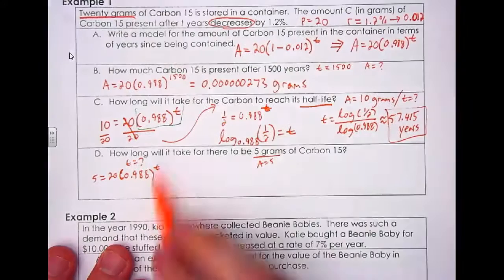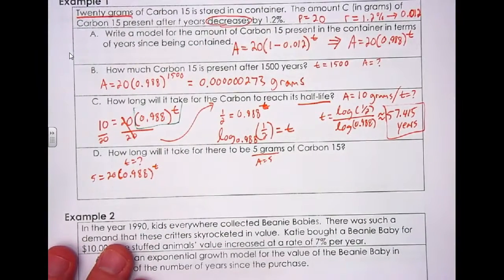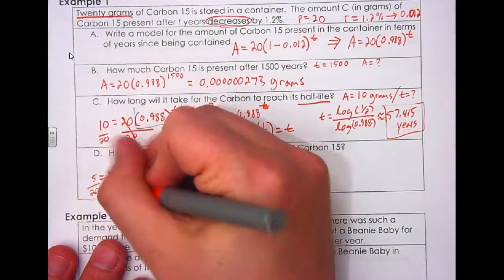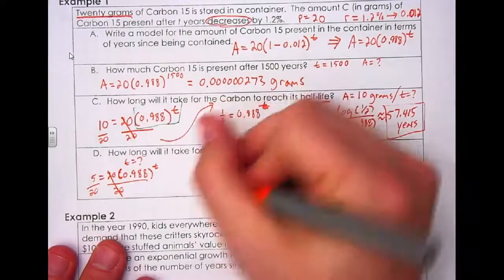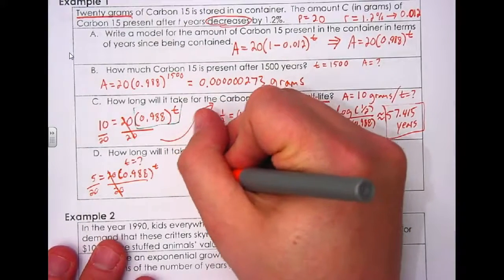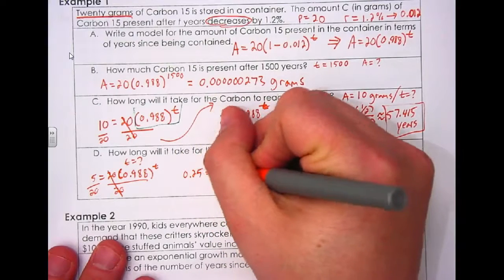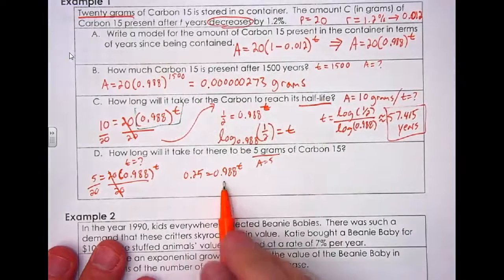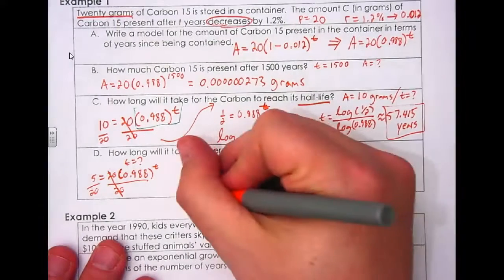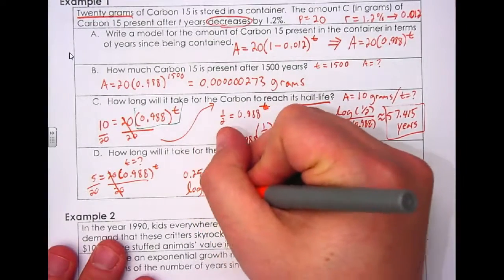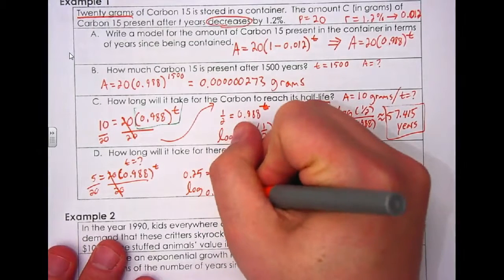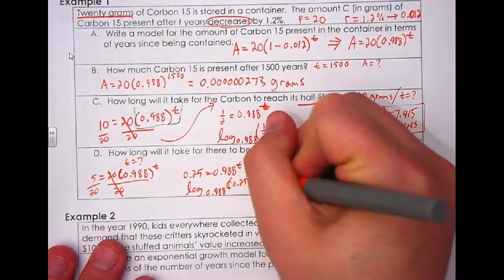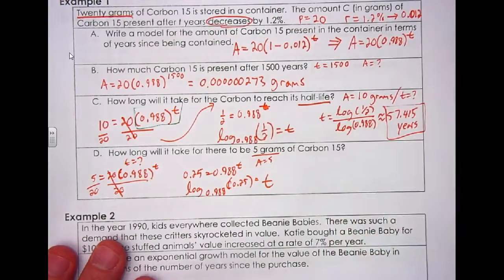And we're going to solve this one exactly the way that we solved the one above it. We'll first divide both sides by 20. 5 divided by 20 is 0.25, or 1/4. We're going to take this exponent and write it as a logarithm. It'll be log with a base of 0.988 of 0.25 equals the exponent t.